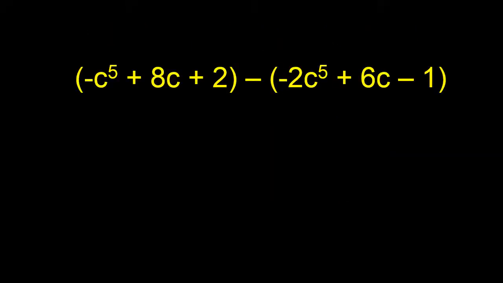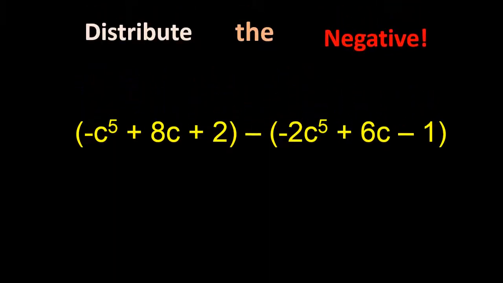Now, what about subtracting polynomials? We have negative 2c to the fifth plus 6c minus 1 subtracted from negative c to the fifth plus 8c plus 2. To subtract polynomials, again, we're going to have to use like terms. But before we can combine like terms, we need to distribute the negative to change the subtraction sign into a plus sign.